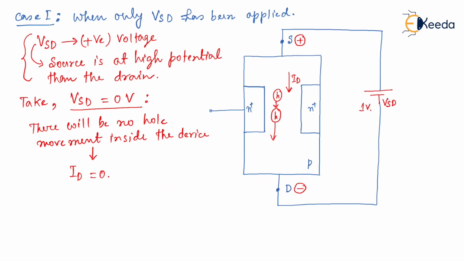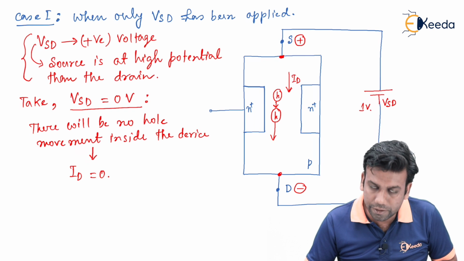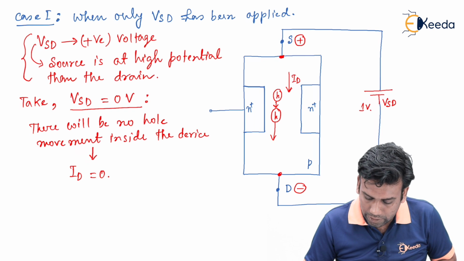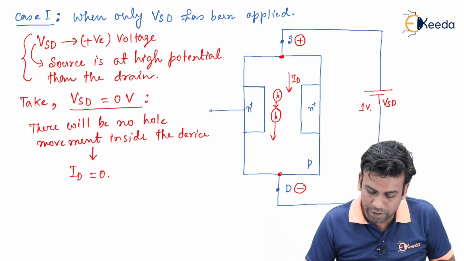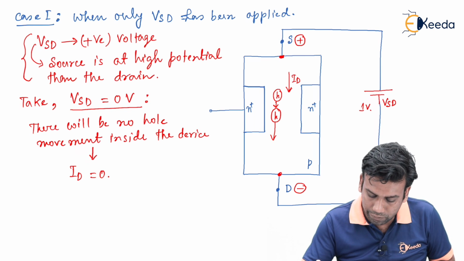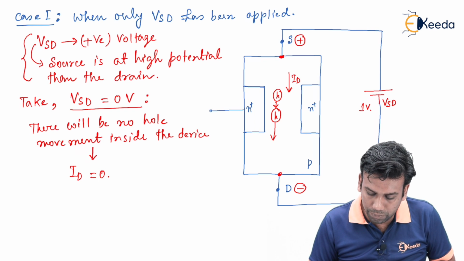That means from this point to this point there is no voltage variation inside the channel. Practically it doesn't happen. There will be a variation of voltage as we move from the source to the drain. So let us see what the variation will be and how it will occur.